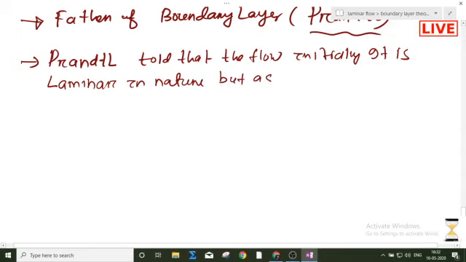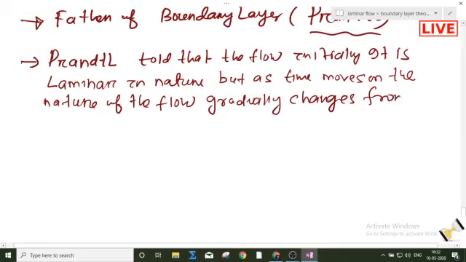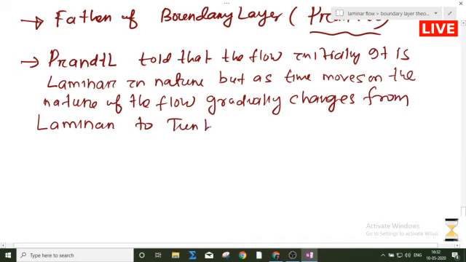But as time moves on, the nature of the flow gradually changes from laminar to turbulent flow.